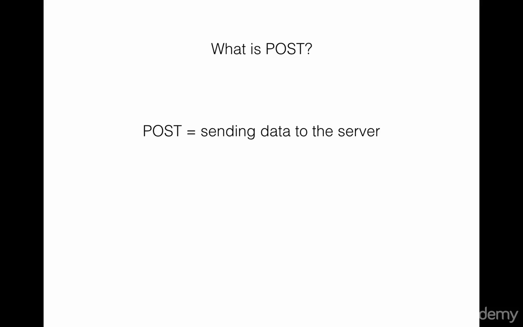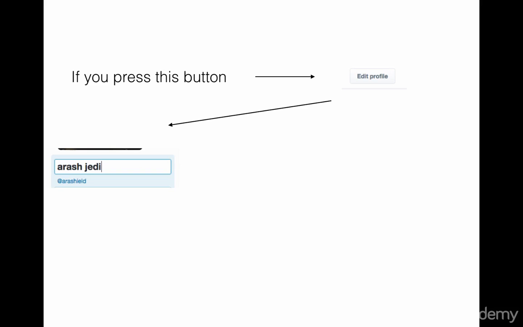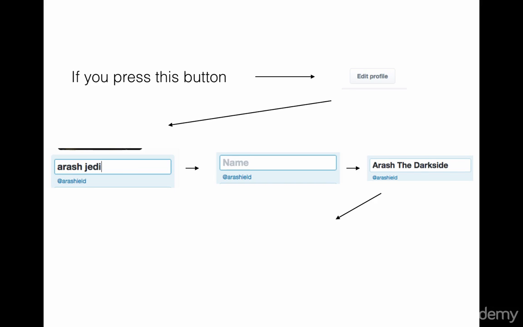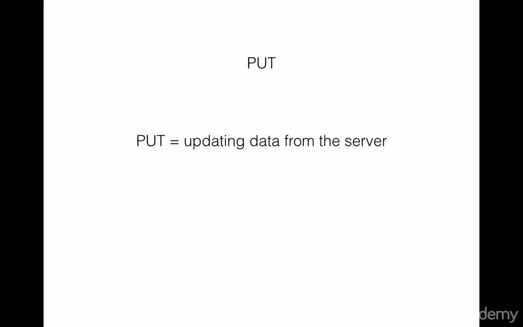If you go back to the slides, this is my current username, and then I clear it off and change it into a new name, and I press save. It replaced the data in the database with the one that I sent. But you can still use the post method to update the data. There's not much difference between them, and I will show you guys later during the coding session.